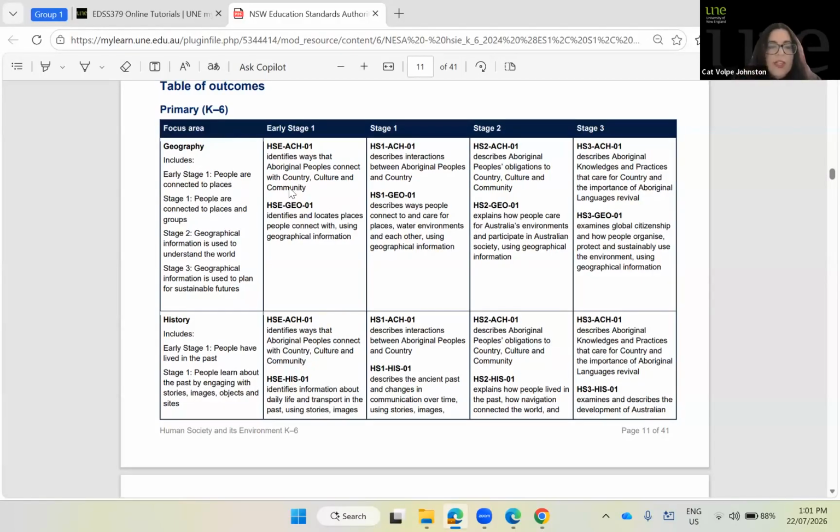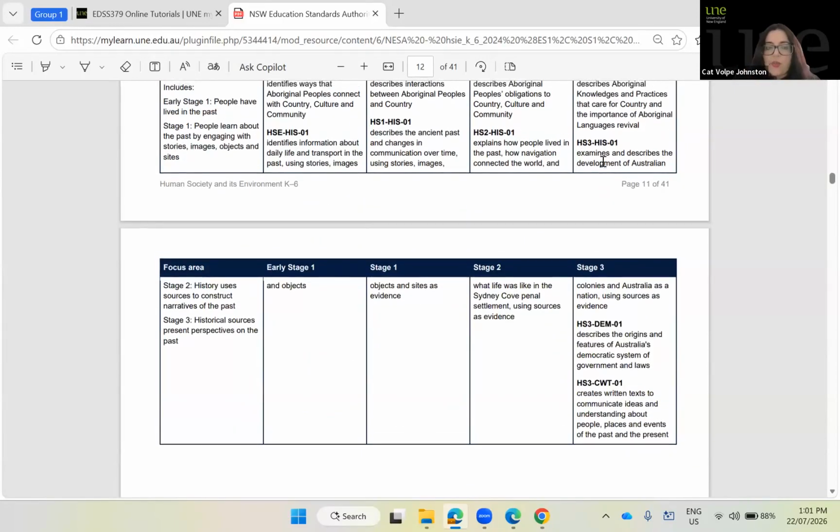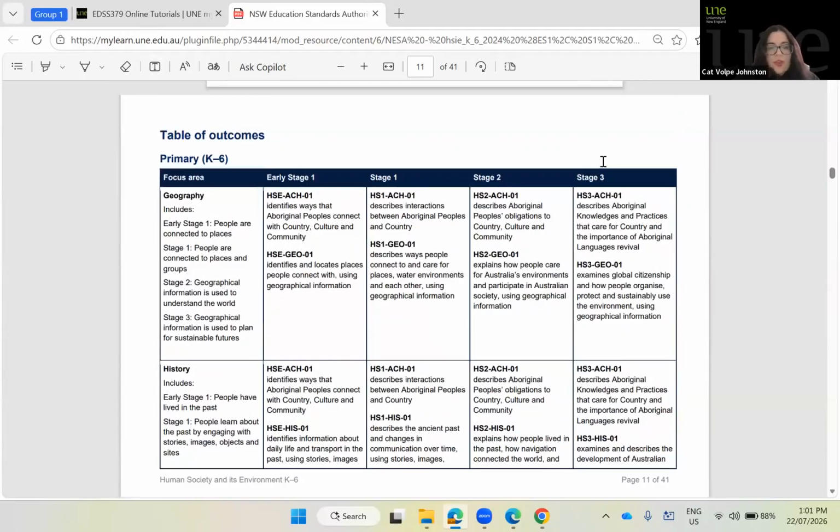Anyways, okay, so looking at geography here first, as I said, these are the 4 units of work. Early stage 1, there are 2 outcomes, and stage 1, 2, and 3. So 2 for each. We'll look at history again in a second. It's a little bit different.